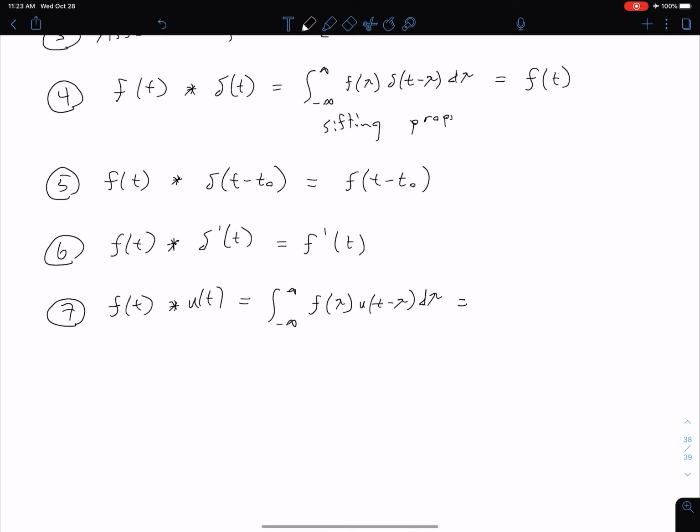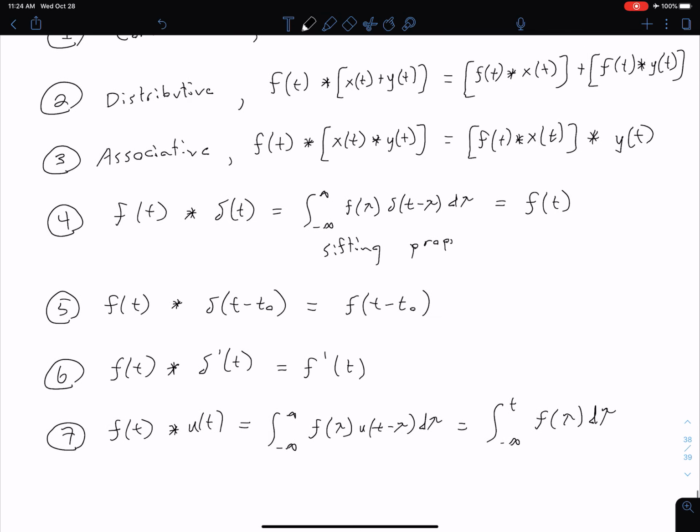Well, what that's going to do is basically set our upper limit to t. So this then becomes the integral from negative infinity to t of f of lambda d lambda. Basically that u of t is just setting where our function is on.